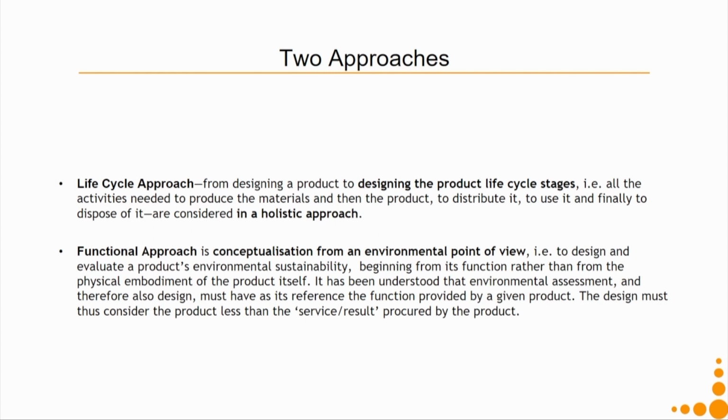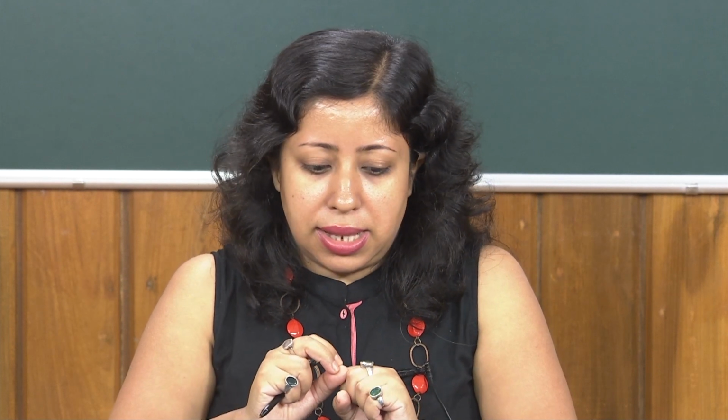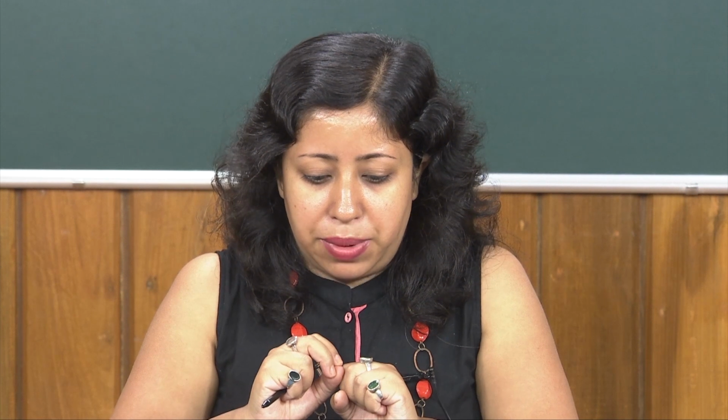But in the functional approach, rather than starting from the product embodiment, so the first example of the washing machine, where I am trying to develop a better washing machine, was an example of product embodiment level improvement. In the functional approach we start from the function rather than the physical embodiment of the product itself. In a washing machine, I need to churn my clothes along with detergent and water to get the dirt out of the cloth.